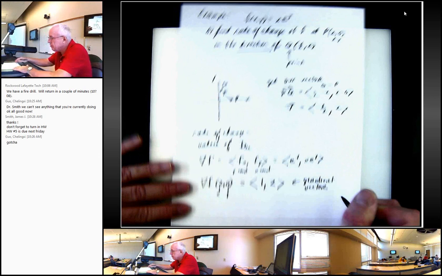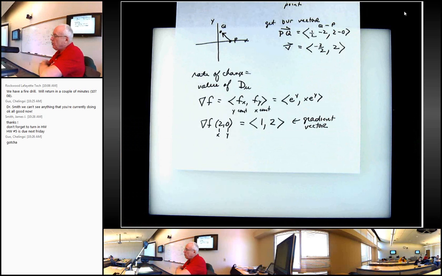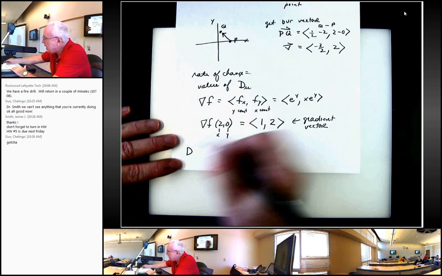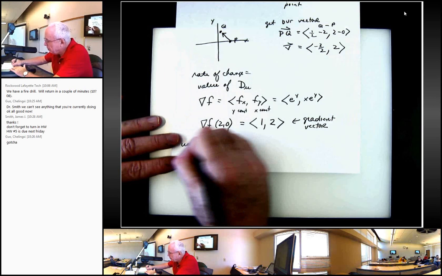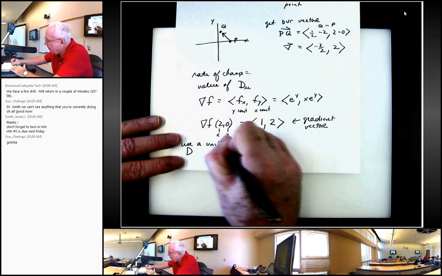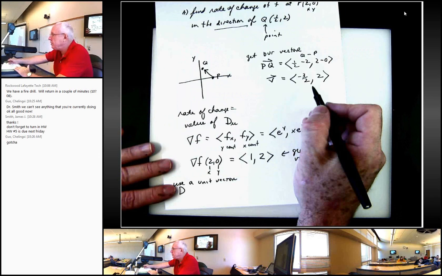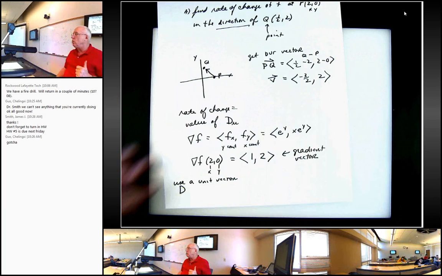Now, to get the directional derivative, I have to make sure I'm using a unit vector. This is not a unit vector. If you do the calculation, the square root of the sum of the squares doesn't equal 1.